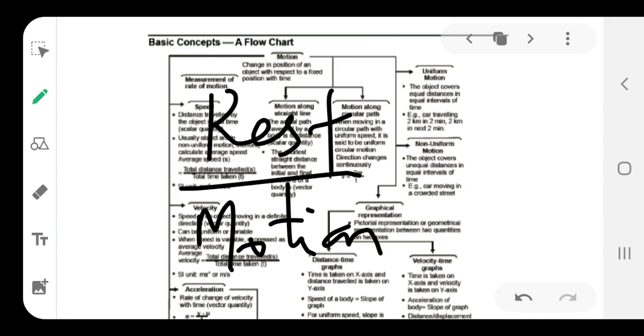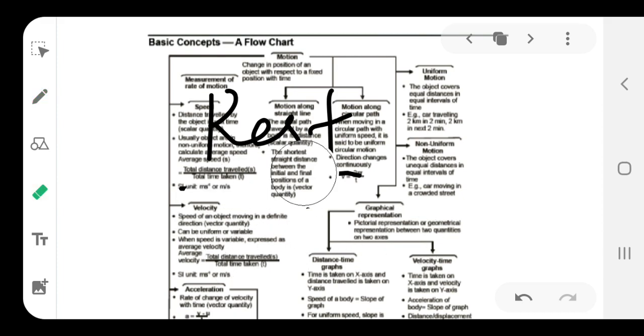For example, a passenger sitting in a moving train is at rest with respect to the fellow passengers, but in motion with respect to objects outside the train. At the same time they are at rest and also in motion, so these two terms are relative terms.